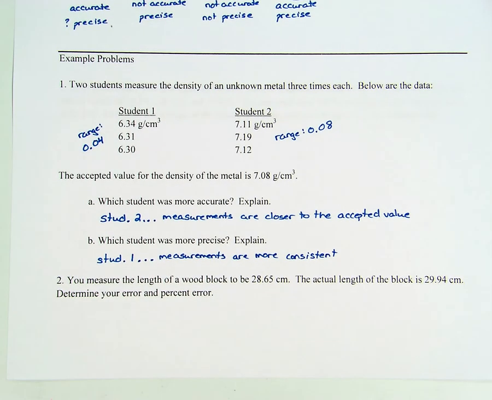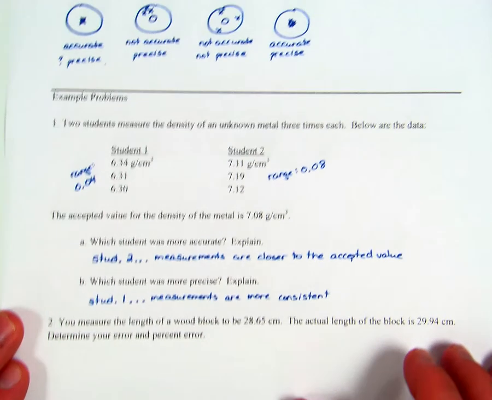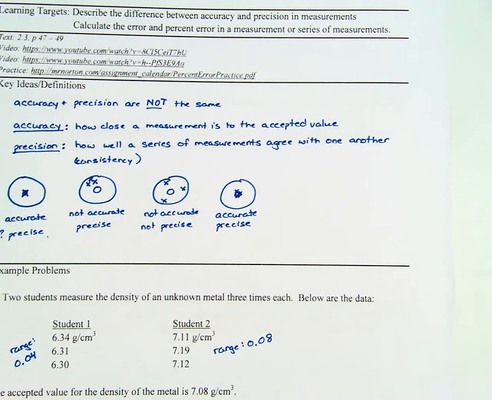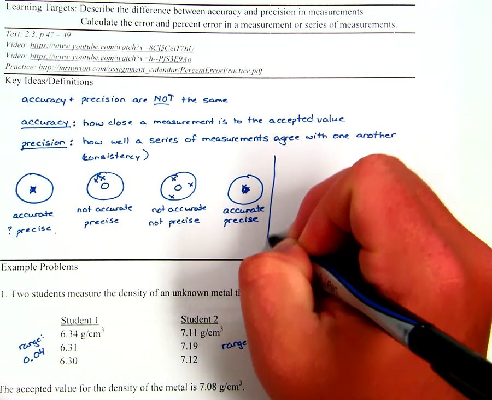The second part of this lecture deals with a way that we can quantitatively measure our accuracy. Quantitatively meaning put numbers with it. We're going to go back up here to our key ideas. I'm just going to block off a little area here. That's the accuracy precision part.